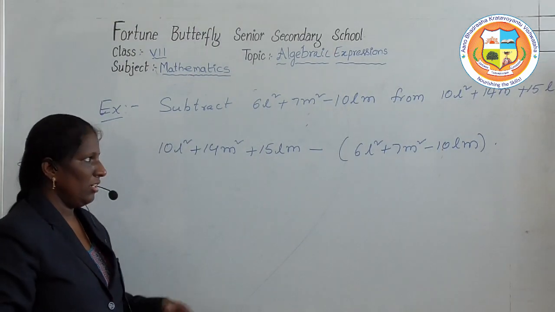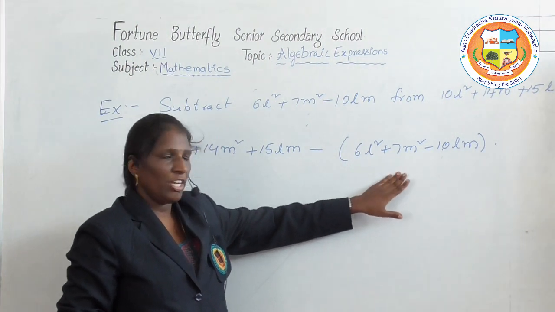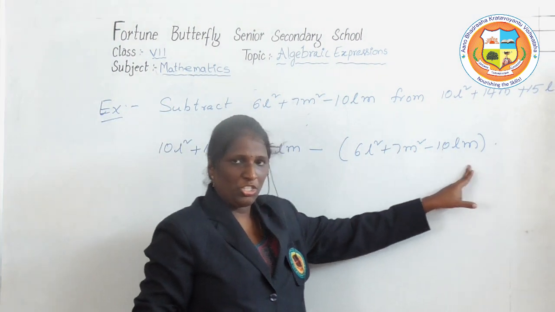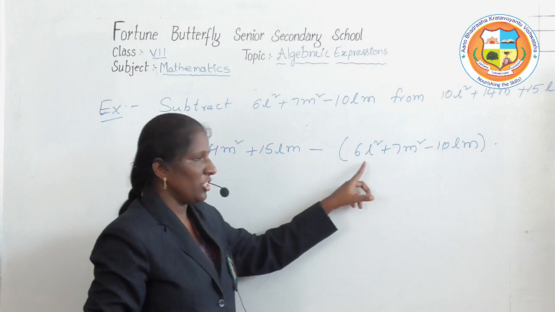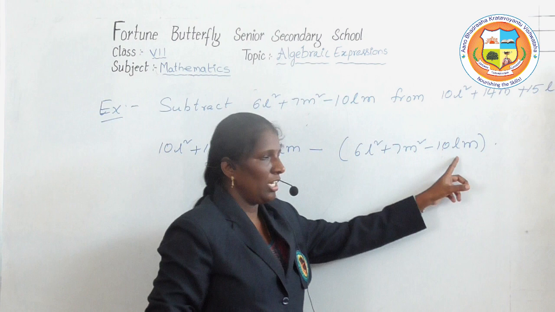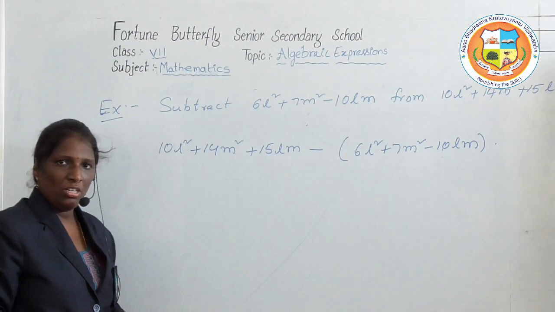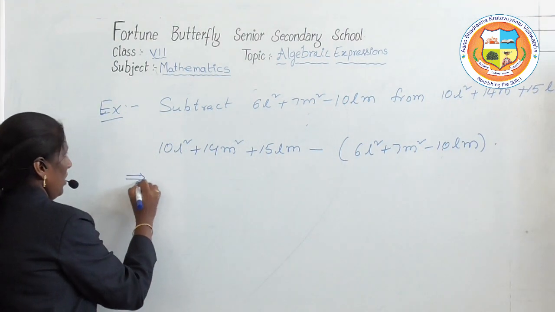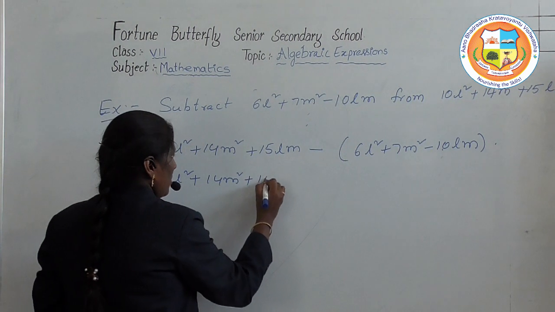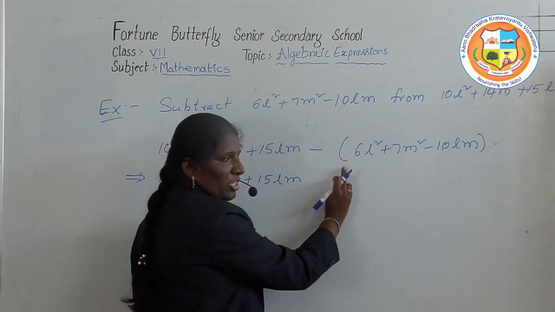In subtraction, you have to keep the second expression in brackets. Why? Because the minus before the bracket applies to the total expression, to each term. That's why we multiply each term with minus. Minus into 6l^2, minus into 7m^2, minus into minus 10lm. Multiply each term with minus. That's why first you have to remove the brackets. 10l^2 + 14m^2 + 15lm.